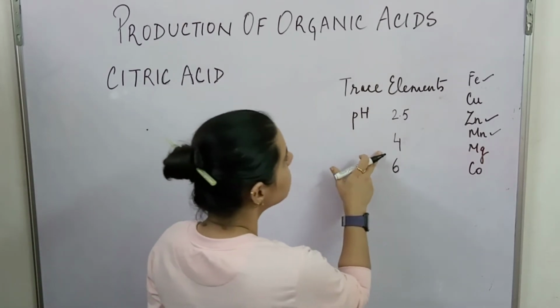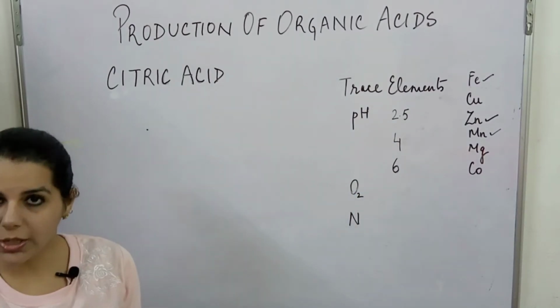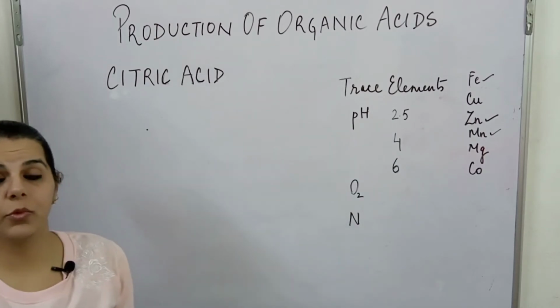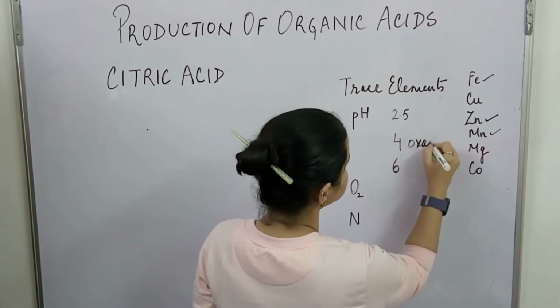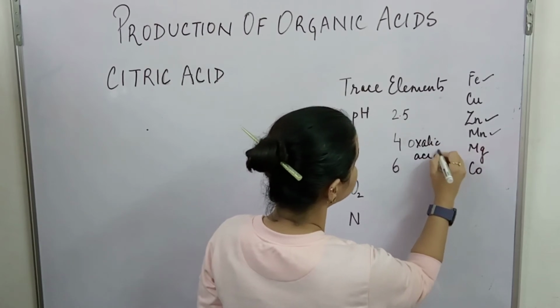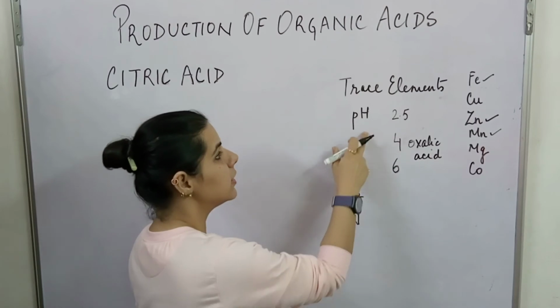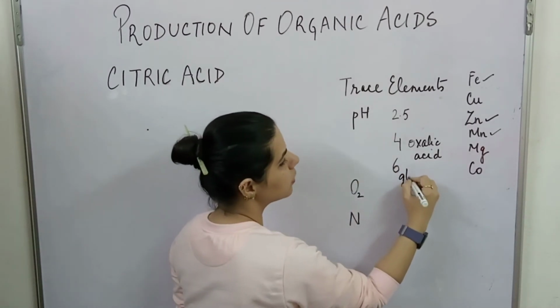If the pH is 2.5, then the production of byproducts is also checked. But when the pH reaches 4 or increases more than 4, there is a production of oxalic acid. Then, if the pH increases to 6, there is a production of gluconic acid.